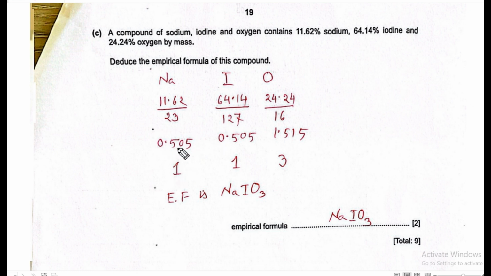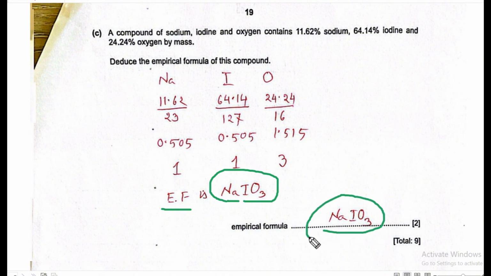How? 0.505 divided by 0.505, you will get 1. This also 1. This 3. 1.515 divided by 0.505, you get 3. I mean here sodium 1 atom, iodine 1 atom, oxygen 3 atoms. So this empirical formula will be NaIO3, sodium iodate.